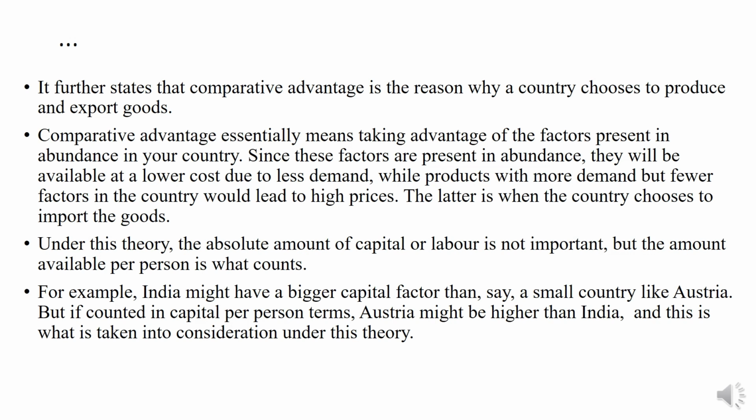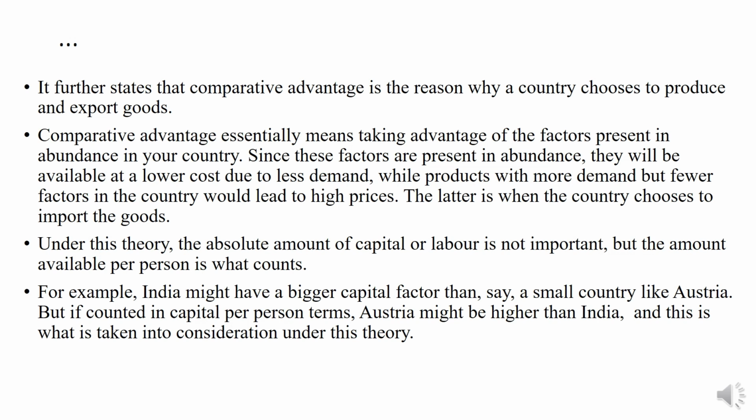So when there is less demand, that product is very cheap. Since these factors are present in abundance, they will be available at a lower cost due to less demand. While products with more demand but fewer factors in a country would lead to high prices. This latter is when a country chooses to import the goods.